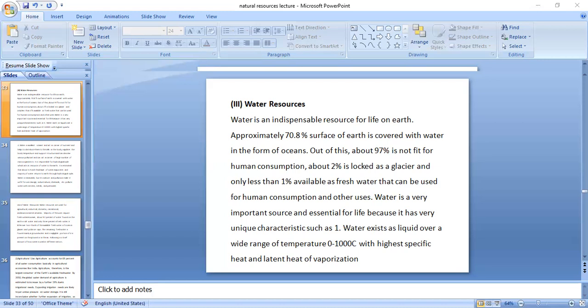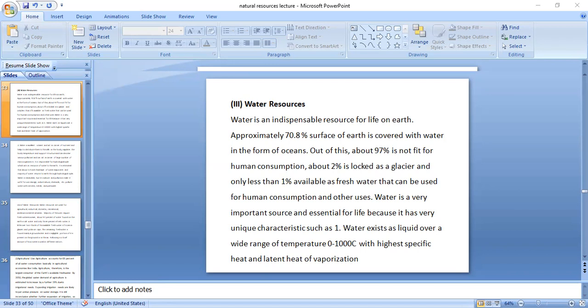Then fifth is assure irrigation during dry periods. Now, just now I have said that there are some areas where there is rainfall for a very short time, and it is for a very short period and with very little quantity of rainfall, right?